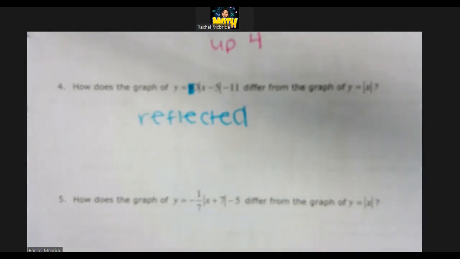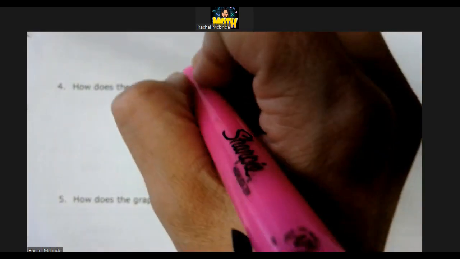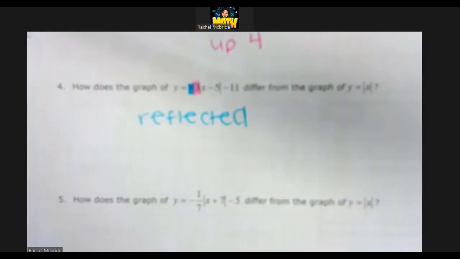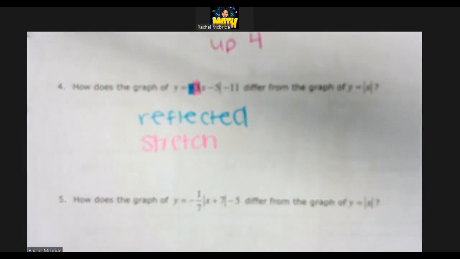The 3 in front of that function is going to change my slope, and that 3 is greater than 1. So a greater than 1 a value is going to do what to my graph? Stretch. So it's going to make it much more narrow.